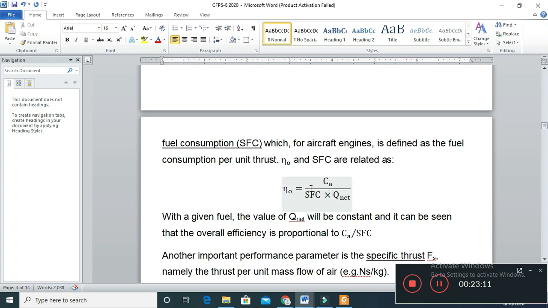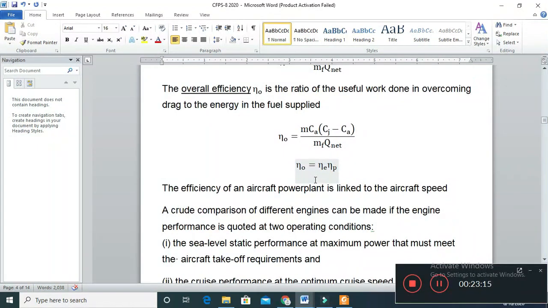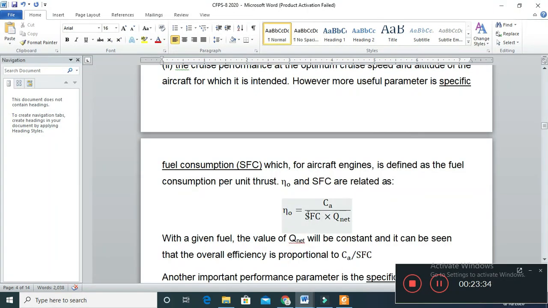Specific fuel consumption is obtained by mass of fuel, mf, divided by thrust, that is m multiplied by Cj minus Ca. So mf divided by m(Cj minus Ca) will be replaced with specific fuel consumption.